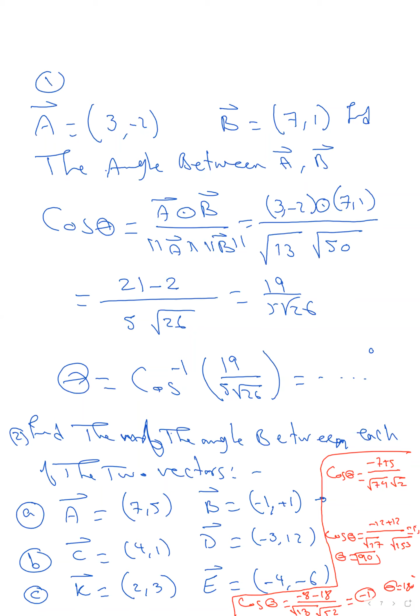Okay, look, it also says find theta, meaning the measure of the angle between each of the following. Number 1, A is 1 and 2, B is negative 3 and negative 6.